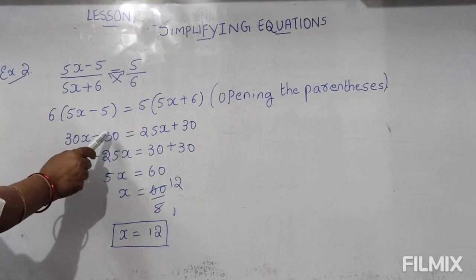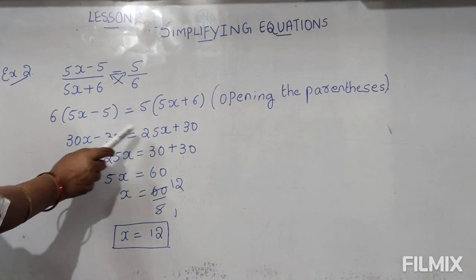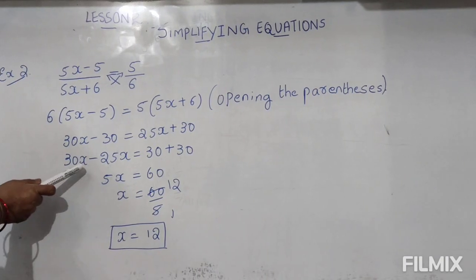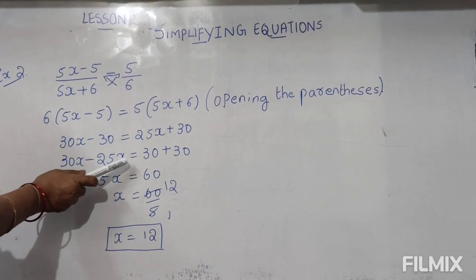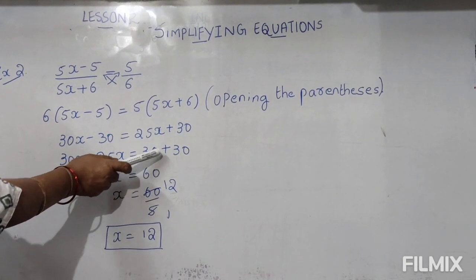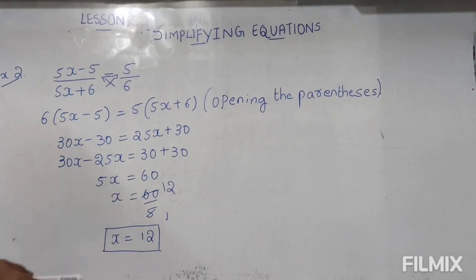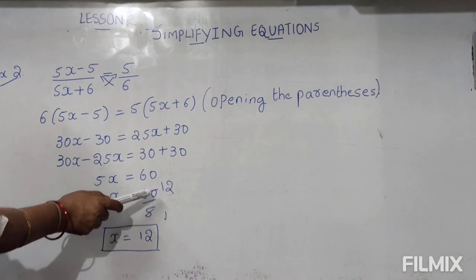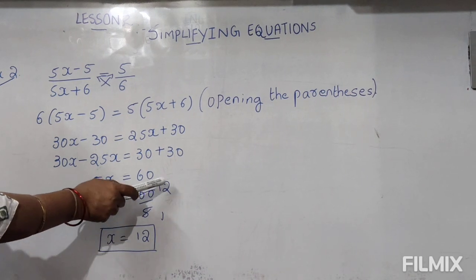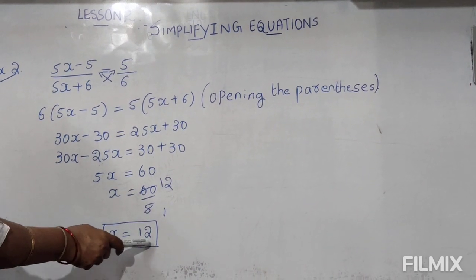If you transfer, this minus 30 will become plus 30. So 30x minus 25x, you will get 5x is equal to 30 plus 30, 60. x = 60/5. 5 12s are 60. Hence x = 12.